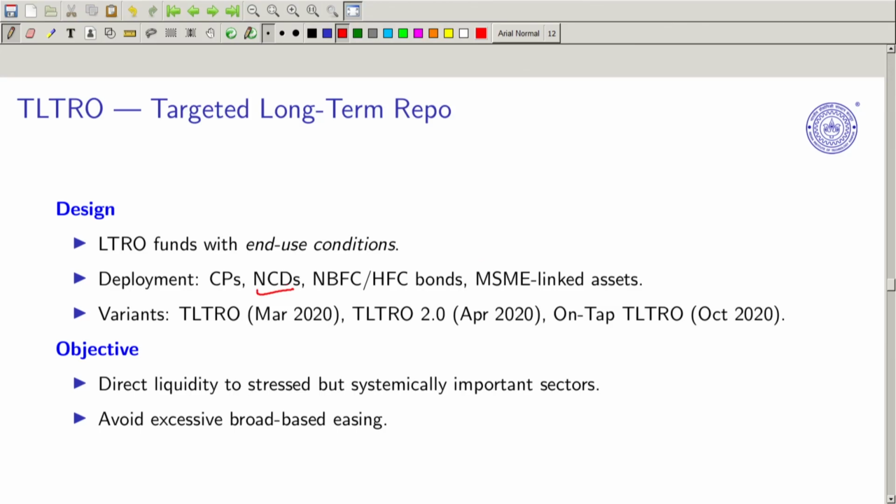So TLTRO, right? Under this, the targeted long term. Targeted long term repos are mostly for small financing, mostly linked with the micro and small enterprises. And deployment happens through whatever amount of money you are getting from the RBI as a collateralized loan; this has to be invested in commercial papers and non-convertible debentures, NCDs, which are also a long-term borrowing instrument.